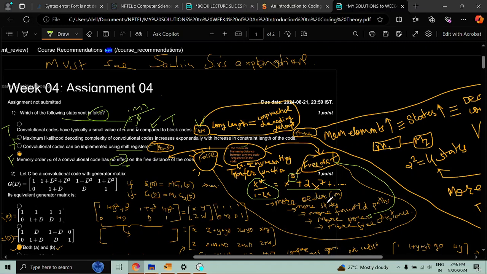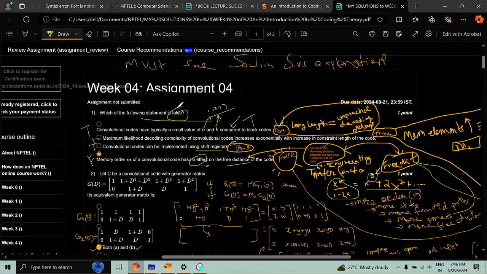If the order is more, states will be more, more forward paths will be there, and that will increase this power. So the free distance, which is the minimum Hamming weight between any 2 codewords, increases. Free distance is proportional to memory order, and this no effect is wrong. So this is the false statement, and we want to mark the false statement. So option 4 is correct.